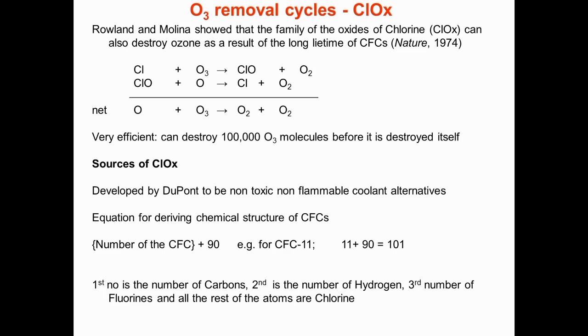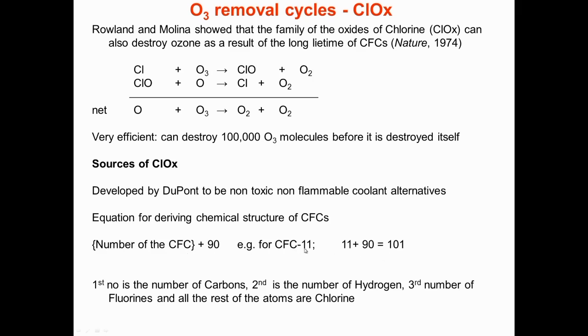And DuPont made billions from manufacturing CFCs. So CFCs are made from carbon, chlorine, fluorine, bromine, etc. And they're numbered according to the number of carbon atoms, the number of fluorine atoms, and the number of chlorine atoms.